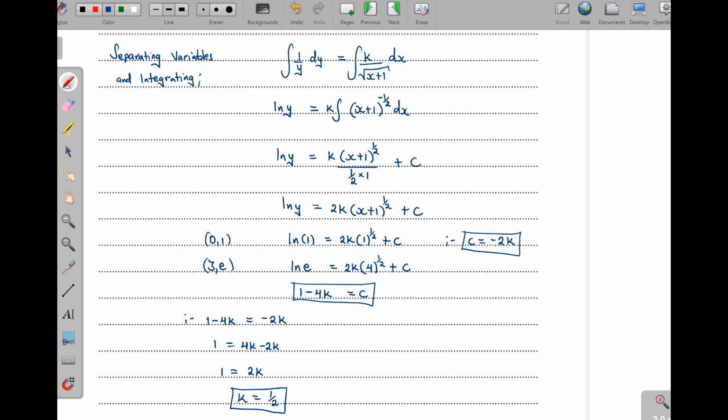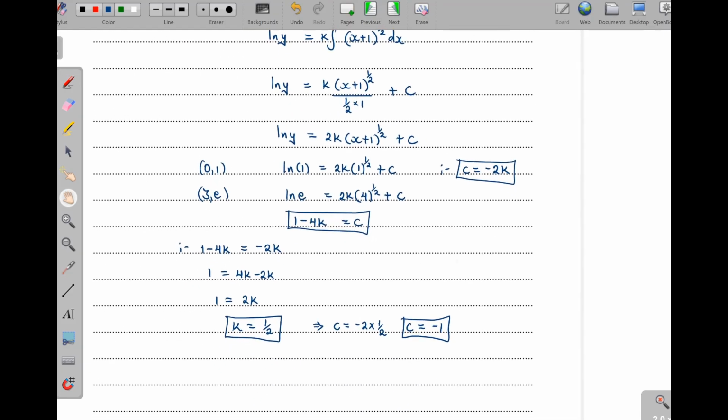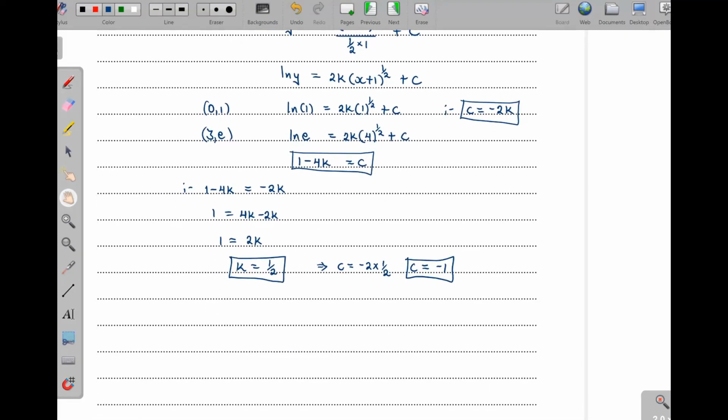Are we there? If k is equal to a half, then this simply implies that c shall be equal to negative 2 times that a half. Then c becomes a negative 1. Are we there? Then after that, we can go back to our particular solution.